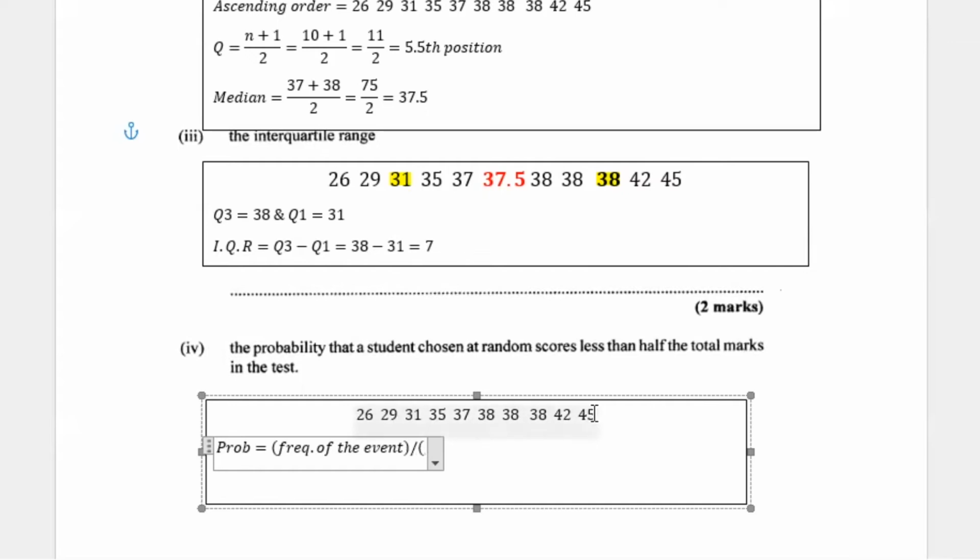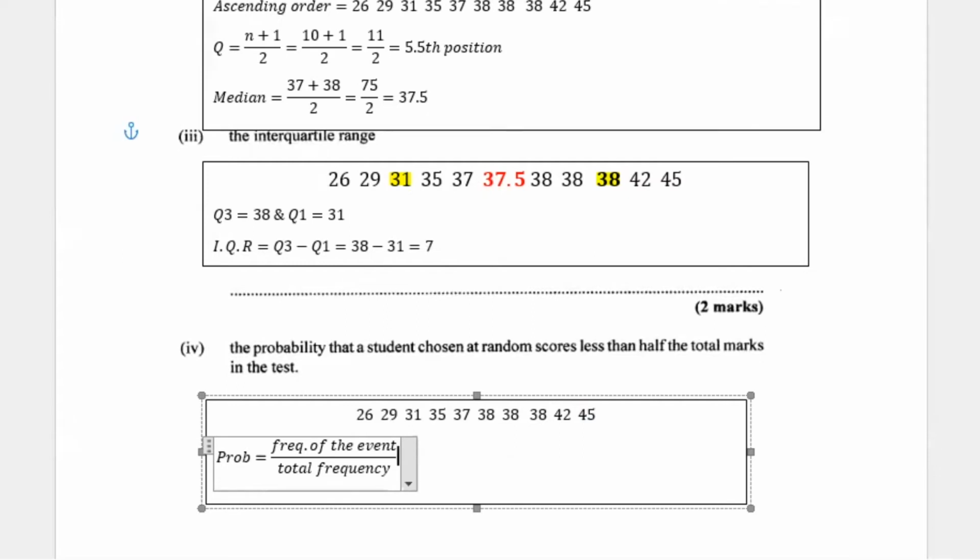In this case also, the frequency of the event divided by the total frequency.